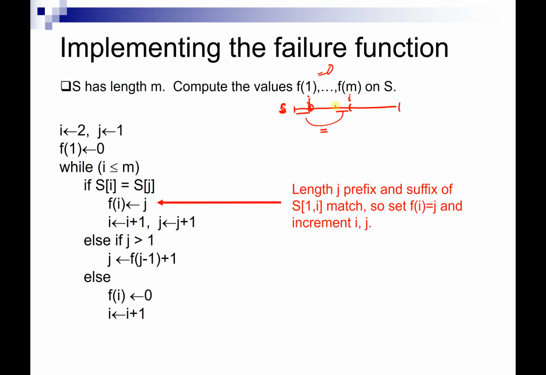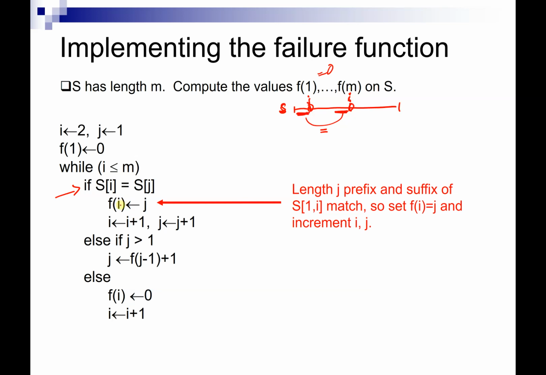If J and I are equal to each other, in the first case, then we're going to set f of I to be equal to J, because if you consider the prefix of S up to this ith letter, then the first J letters match the last J letters.